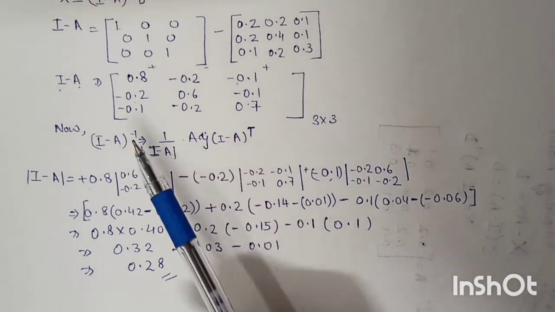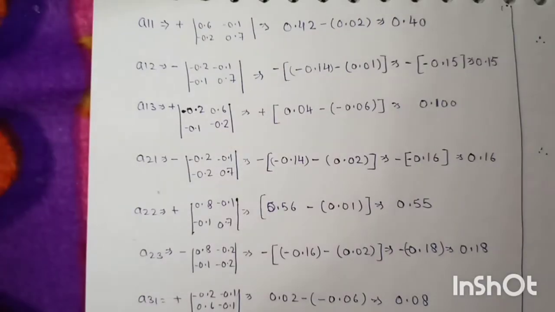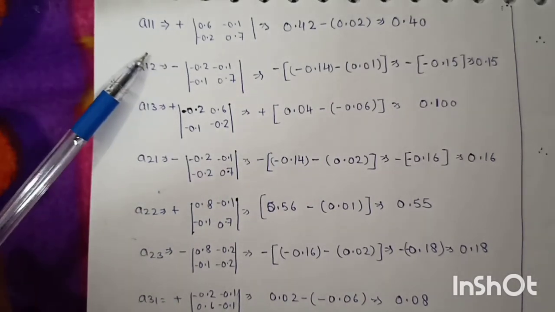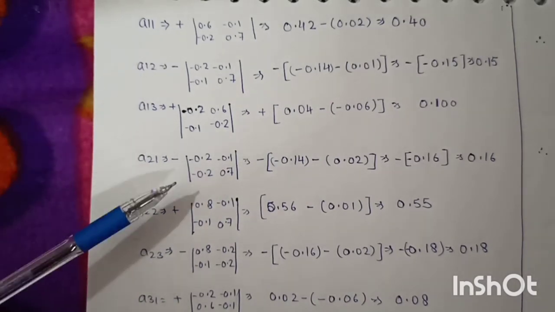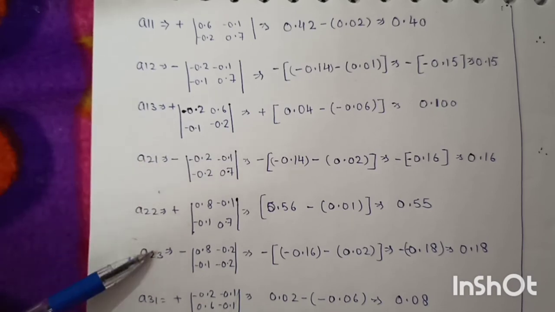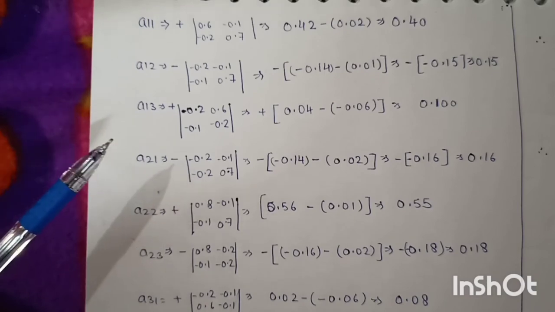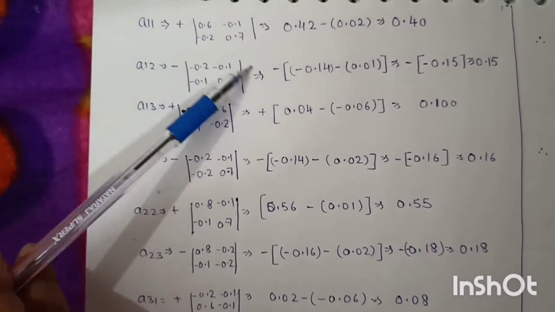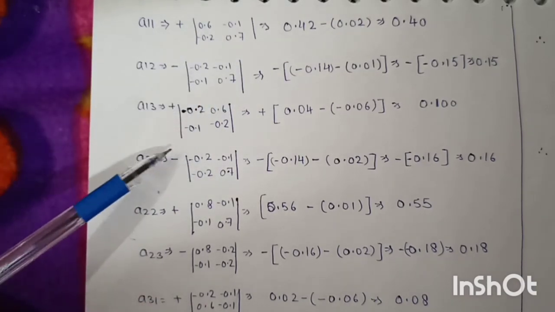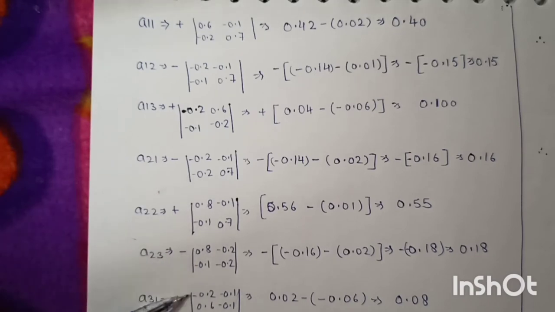So students, finding the cofactors of terms A11, A12, A13, A21, A22, A23 and so on, we have to use cofactors. So we will find the cofactor of each and every term of the 3 cross 3 matrix.